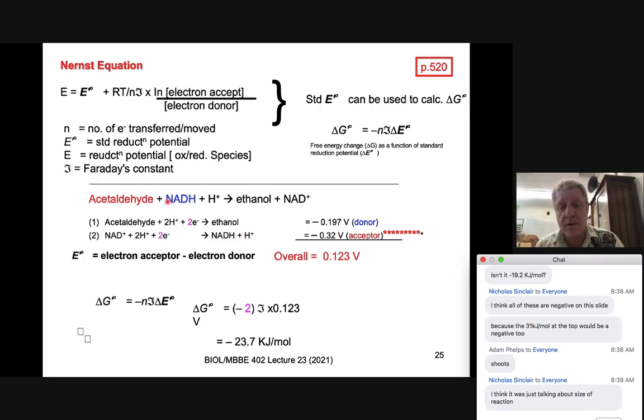So again, we're going to change that particular sign to give us positive 0.32 volts, because it's the acceptor. When we add those two together, we now have a positive 0.123 volts in regards to this standard free energy of the electron acceptor donor reaction.